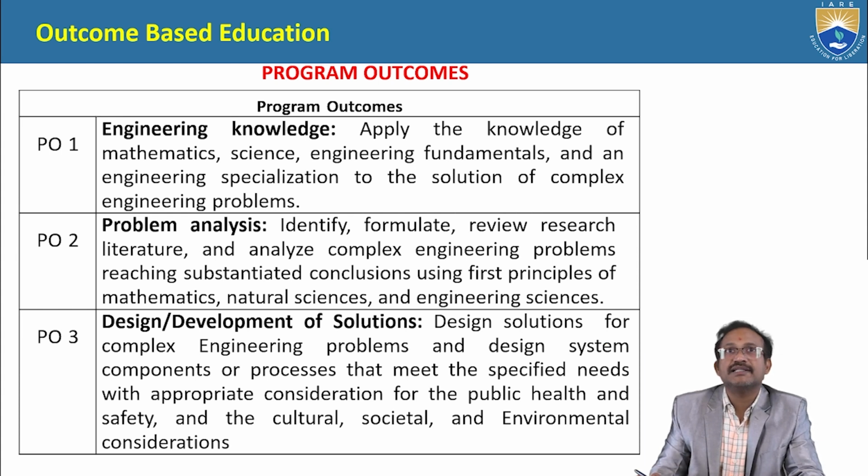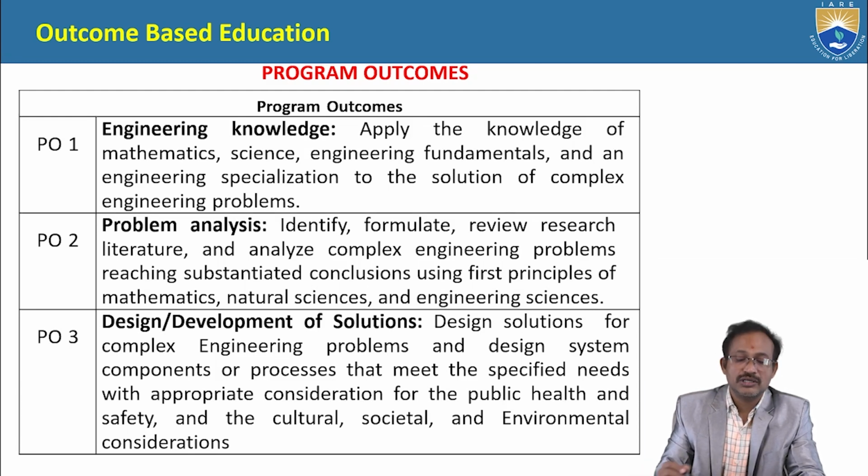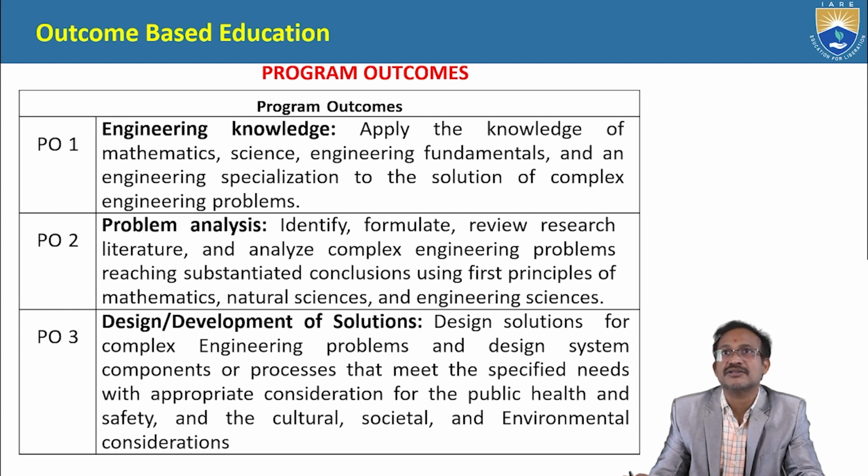There is a little difference between program outcome 1 and program outcome 2. Here just basic engineering knowledge will be addressed, while in the other, how the problem can be analyzed with the first principles of mathematics and natural sciences.